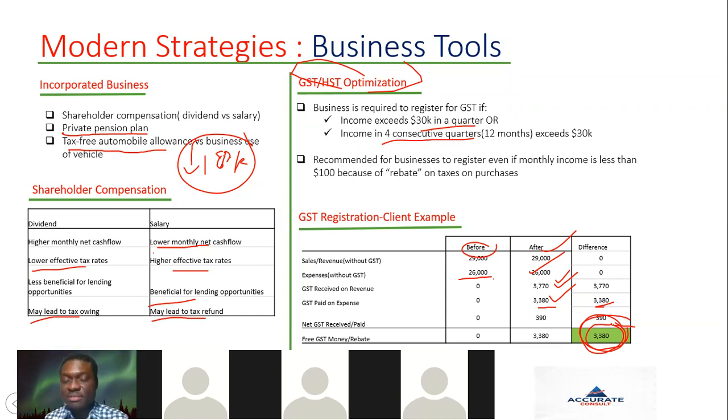You have to remit your GST, and depending on your situation, it can be done quarterly, yearly, or monthly. It depends on your gross income. You understand? So if your gross income is huge, CRA wants you to do that monthly. If not, it could be quarterly, or you can just say you want to do it at the end of the year.